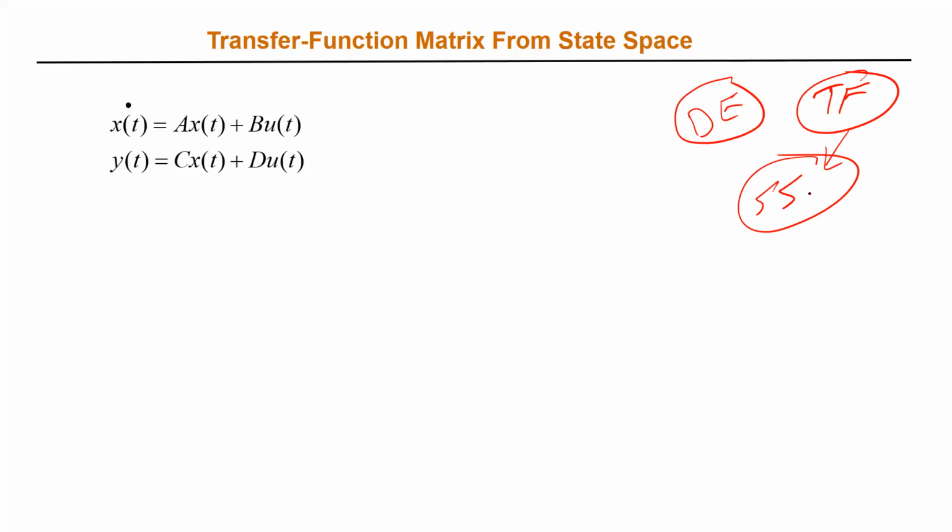From transfer function, we are going to the state space. And we have said we will be having many state space for the same transfer function. The same thing from differential equation. Of course, from differential equation to transfer function, you can go back and forth. What we want to do today is to go in this direction.